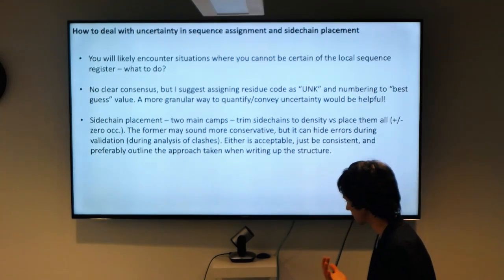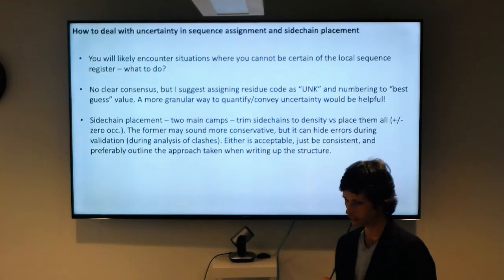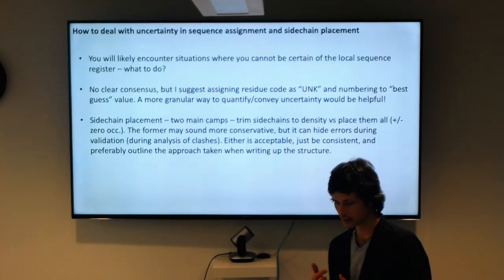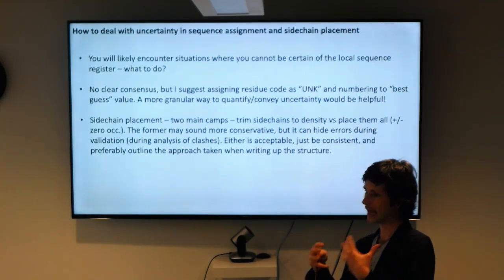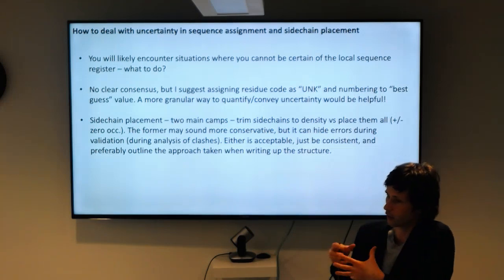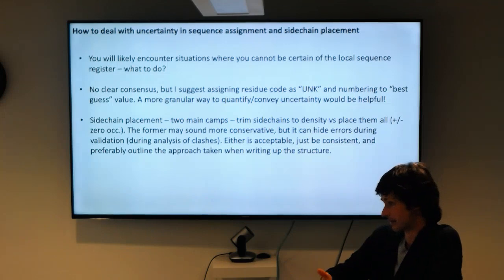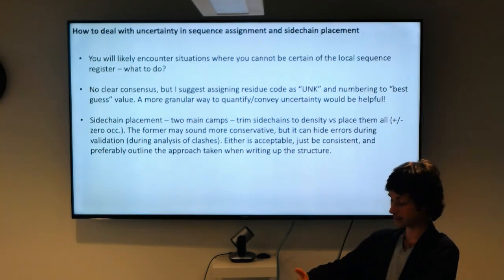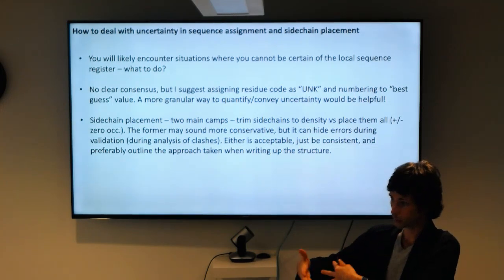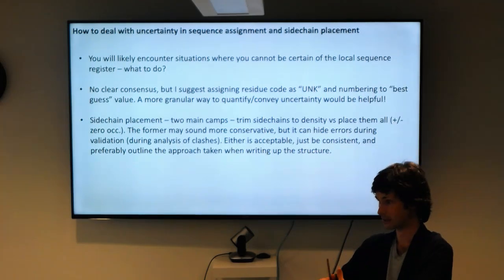In some sense, the trimming approach is often considered more conservative. The one caveat to that is that it can kind of hide errors in your model because it doesn't take account of packing. If you have a sidechain that you don't see that's in the center of your model and it's interacting with another sidechain that you don't see, it's probably better to place those sidechains so that you can at least see that the model is not right.